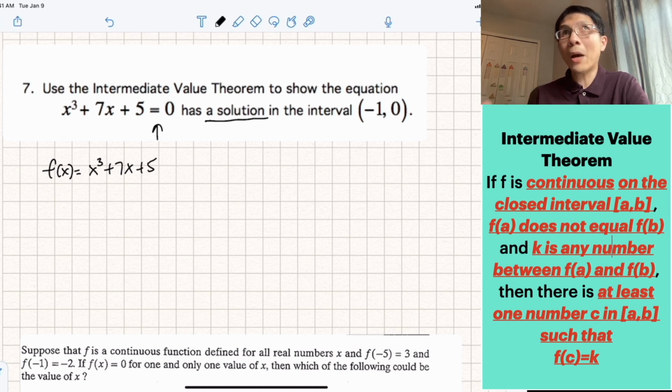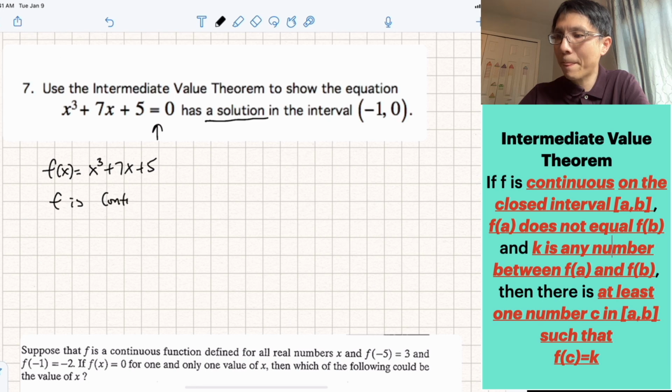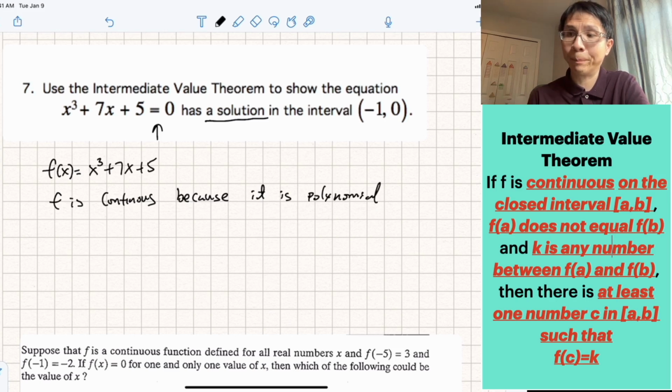When you have a polynomial function, or sine and cosine functions, they are all continuous functions. So f is a continuous function. You have to establish that, because it is a polynomial, and if it's a polynomial, it has to be continuous.